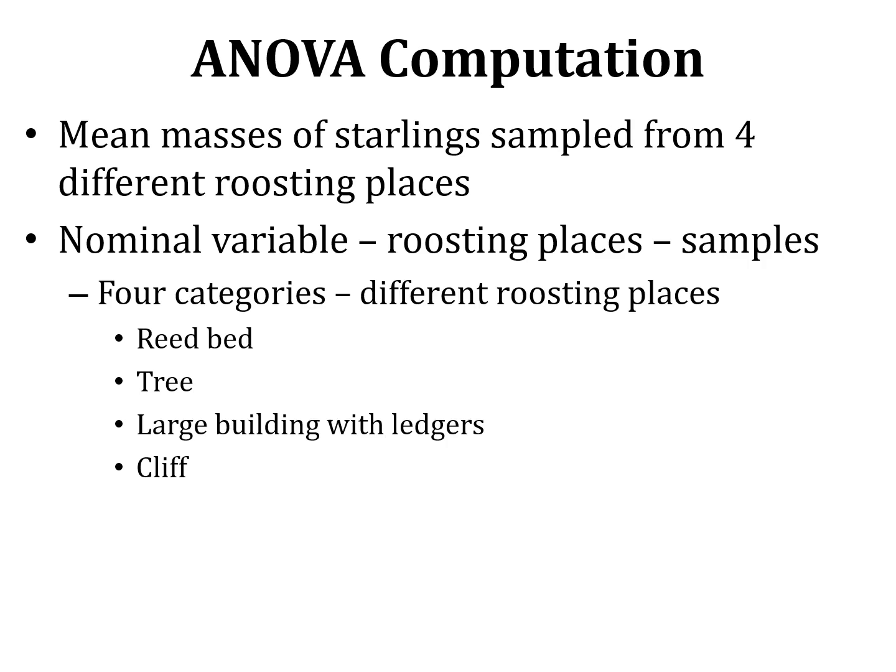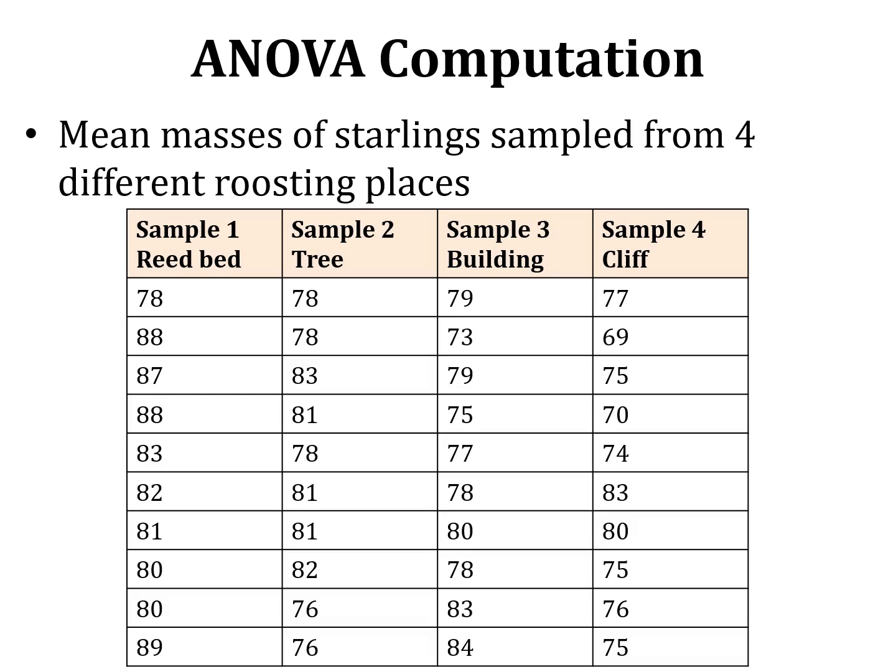So we have 4 categories in the nominal variable: a roosting place in reed beds, a roosting place in trees, a roosting place on a large building with ledges, and a roosting place which is a cliff. And our measurement variable is 1, which is the mass of starlings. These are the observations. How many observations are there in each of these 4 samples? We have 10 observations in each of these samples.